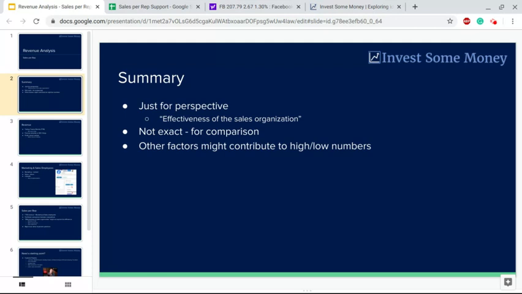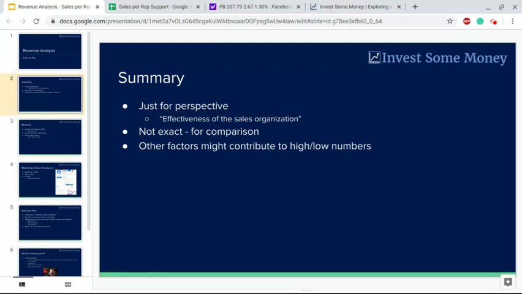It's probably not going to be a make or break for your investment decision, but again, if you're a student of Philip Fisher's book, going through the 15 points, you want to look at the effectiveness of the sales organization, point 4, then you probably ought to at least take 5 minutes to put together a comparison of sales per rep.